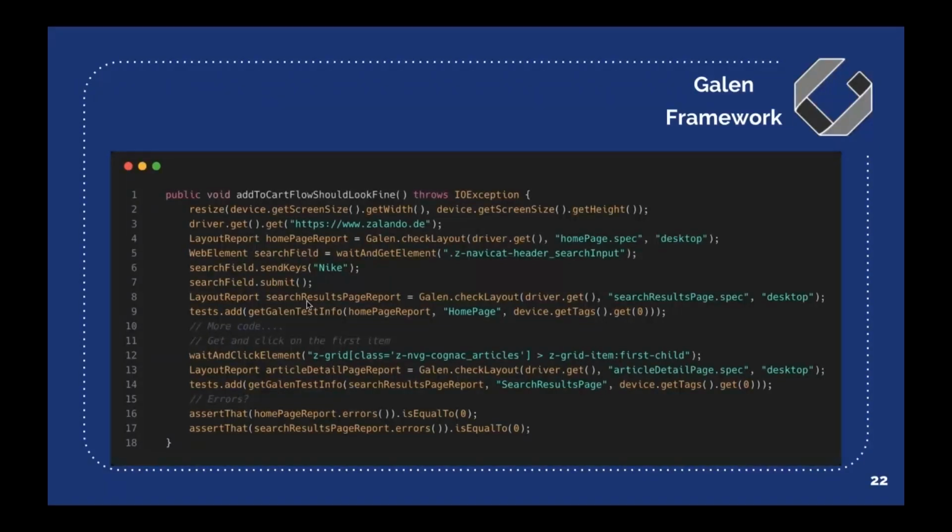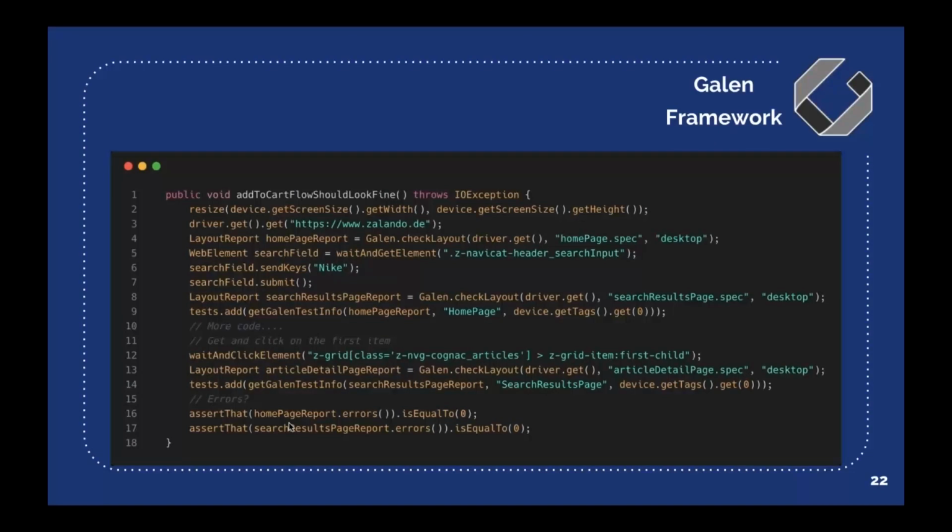For the next page, you apply a different specification, a spec file, and so on. And in the end, this assertion by the Galen framework returns a set of errors. So a simple way to assert is that you want to check that each report has 0 errors.